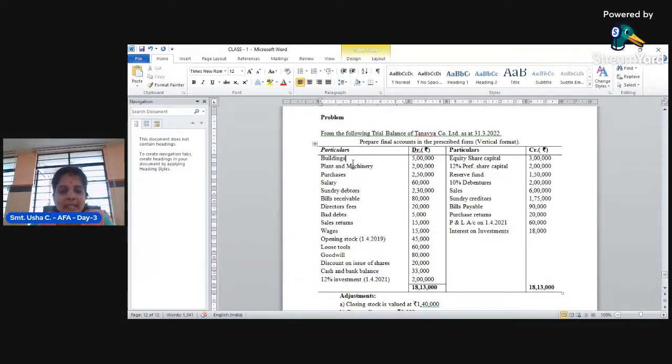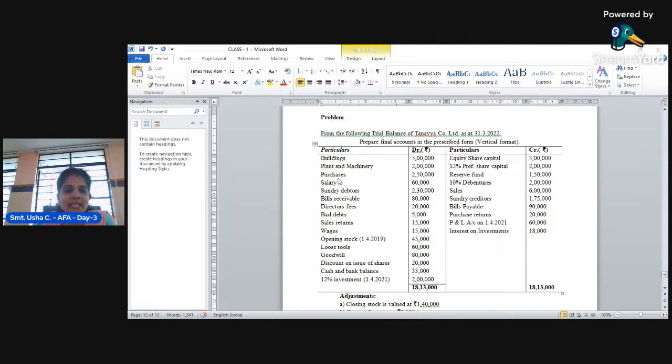First one, building. Whether it is expenses, losses, or you can also say whether it is profit, assets, or liabilities, you have to divide the items like this and mention there. Building: tell me which item is this, whether it is asset, liability, profit, or loss.